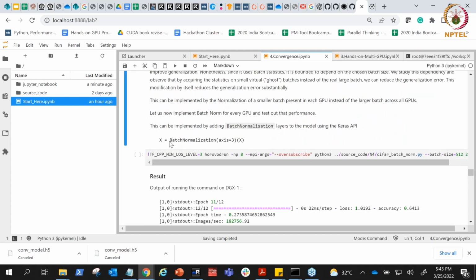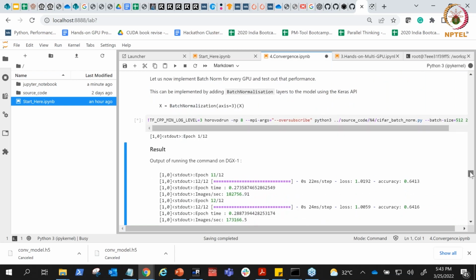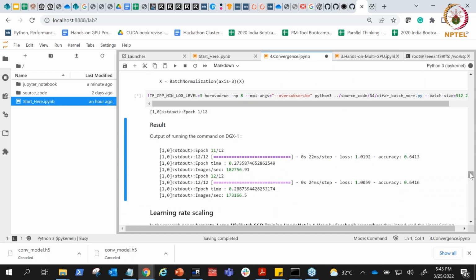For the existing code, we are adding batch normalization to the same code. It's just that we added one more line of batch normalization here. Let's see if there is an improvement in the accuracy by adding this batch normalization.